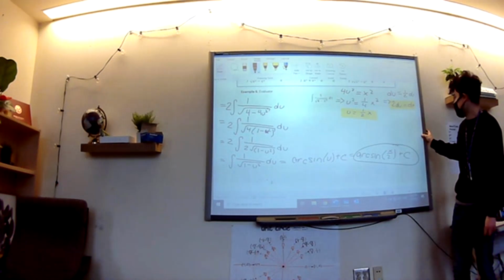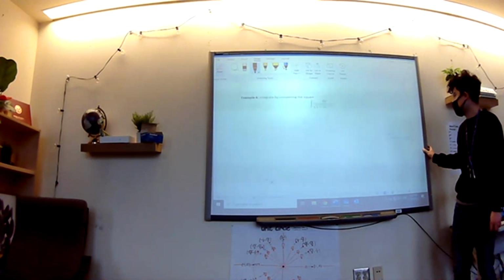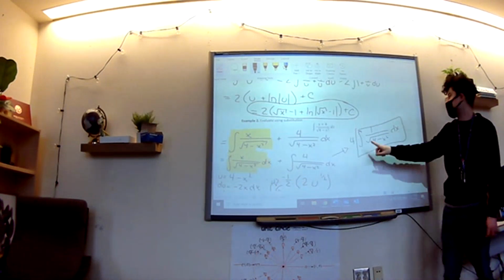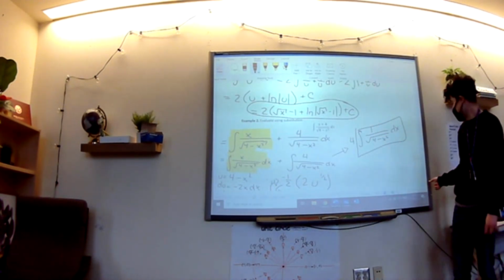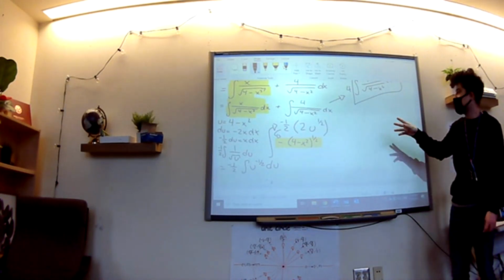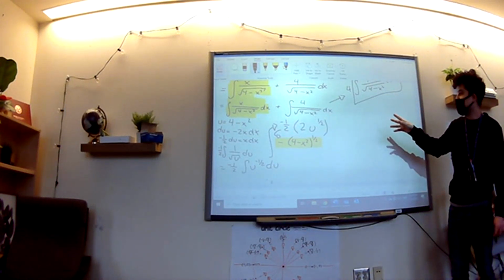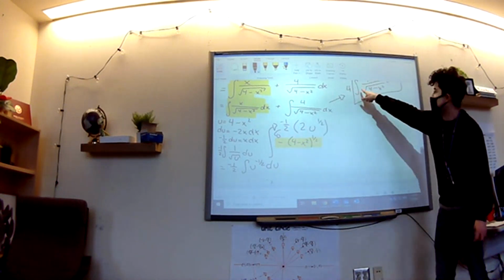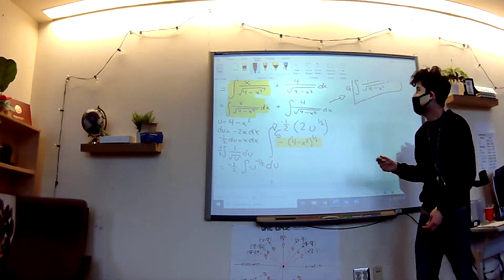So our answer for our current problem will be 4 times arc sine of x over 2 plus c. And so, altogether, hopefully that makes sense. Our final answer will be this highlighted plus 4 times arc sine of whatever.